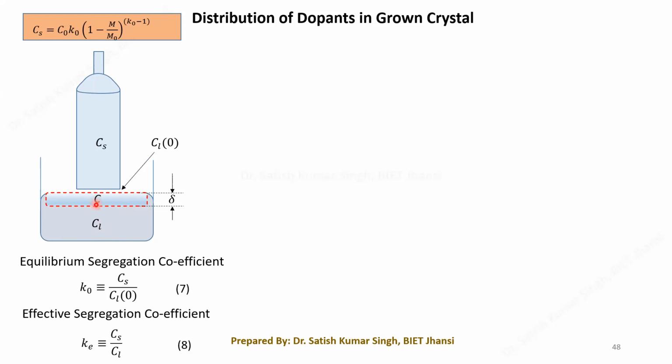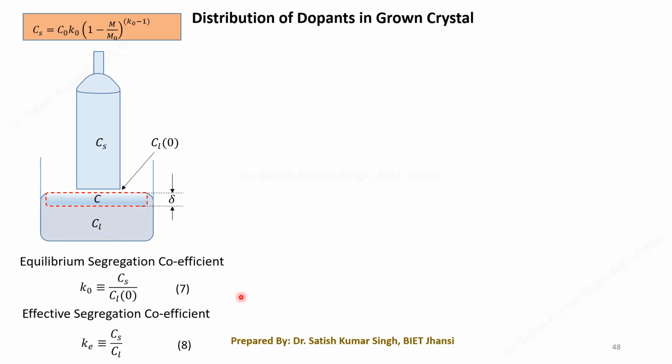It was not changing. But right now it is not the case. Even while defining K naught, I said that Cl is the concentration in the melt at the top of the surface. So that's why we are redefining it, and this way we can have this definition.